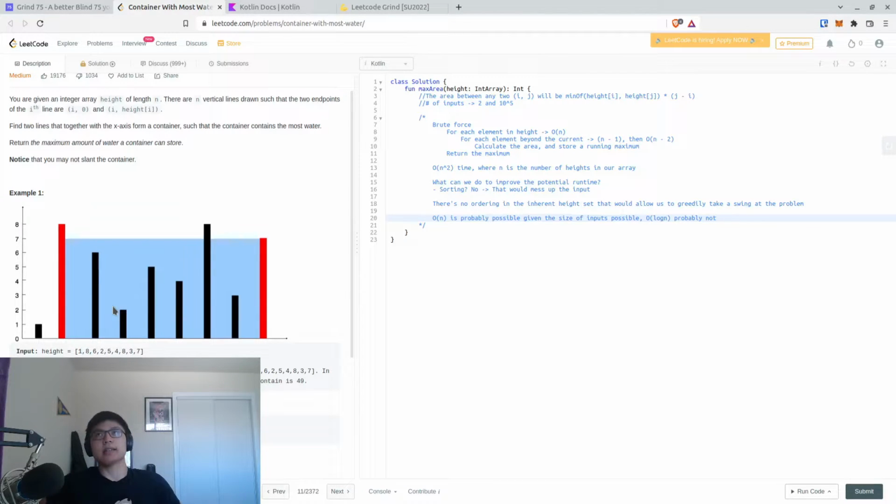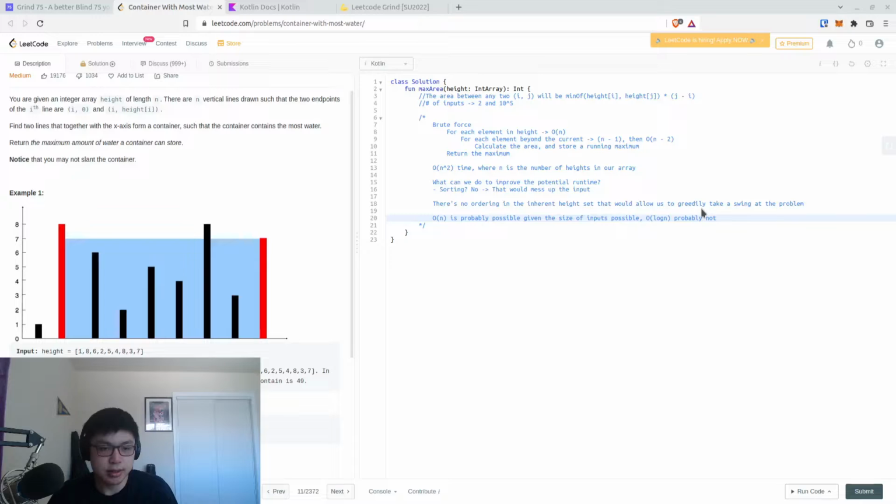I guess the idea is that, okay, we can do this with the O of n squared runtime, but we also throw in an element of hashing, maybe. Throwing items into a hash map, particularly the elements and their heights. So maybe even a set.